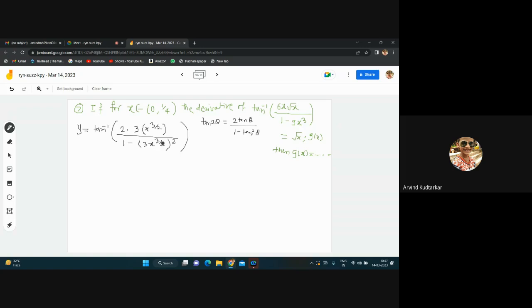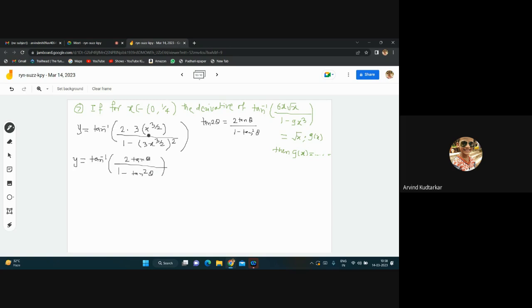So this is what? Yes. 2 tan theta upon 1 minus tan square theta. ये आप फॉर्मूला लिख सकते हैं. सो 2 tan थीटा मतलब tan के लिए आप क्या सब्स्टिट्यूट करें? 3x raised to 3 by 2. ये आप सब्स्टिट्यूट करें. सो y is equal to what? tan inverse of, मैं ऐसे लिखूंगा. सो tan inverse of 2 into tan theta upon क्या होता है देखो, 1 minus tan square theta. ऐसे मैं लिखूं.